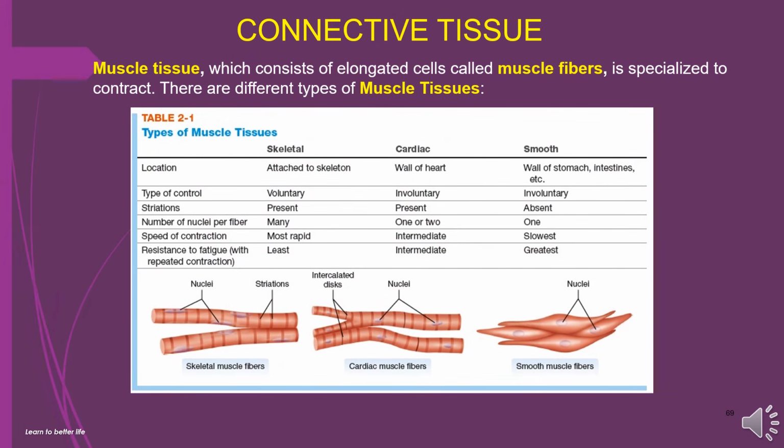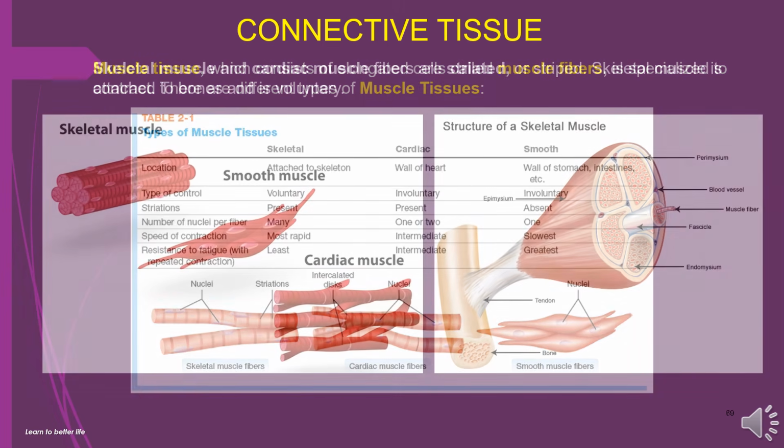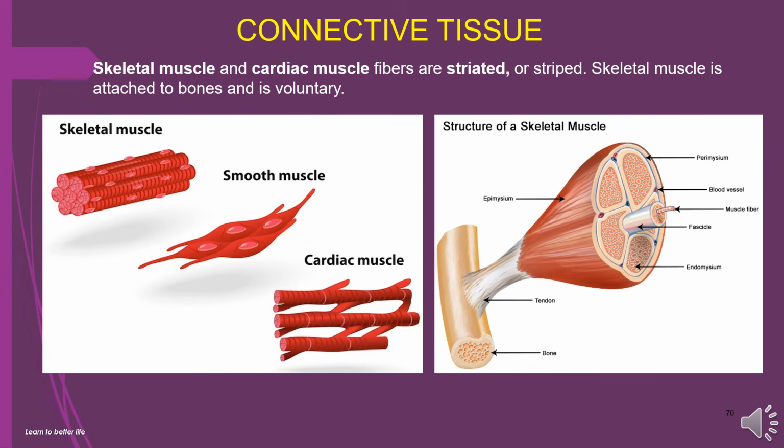Muscle tissue, which consists of elongated cells called muscle fibers, is specialized to contract. There are different types of muscle tissues: skeletal, cardiac, and smooth. Skeletal muscle and cardiac muscle fibers are striated, or striped. Skeletal muscle is attached to bones and is voluntary.